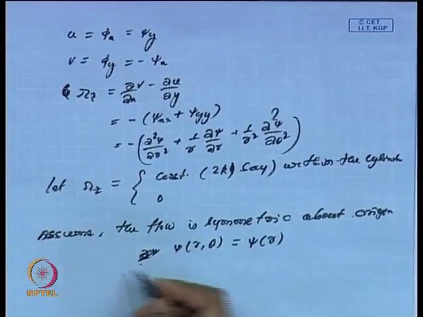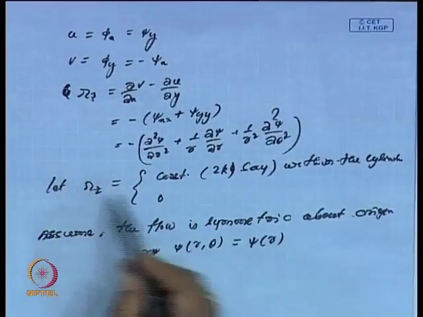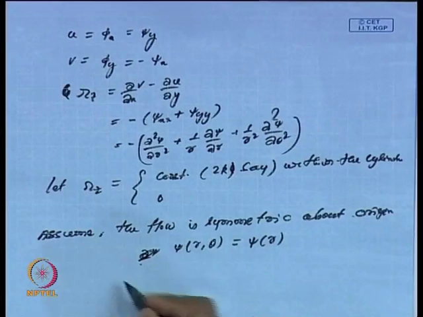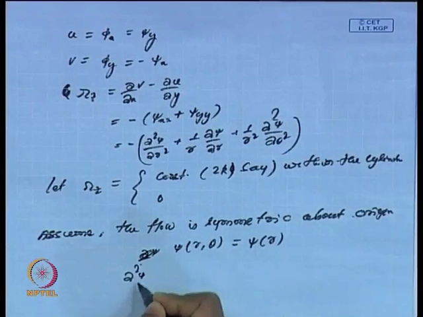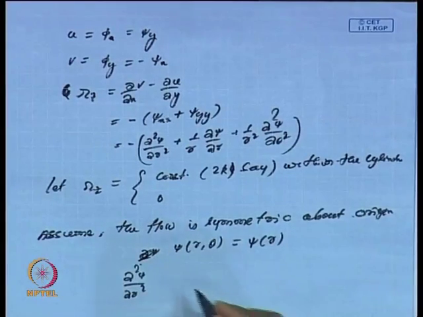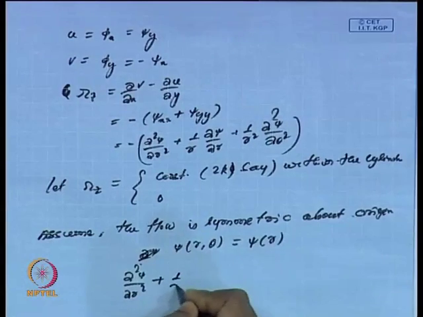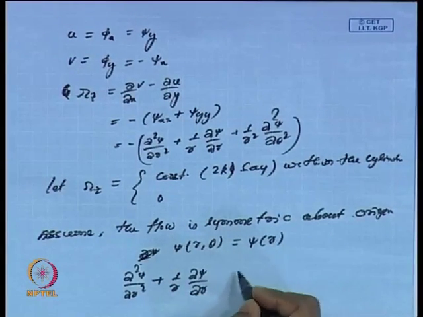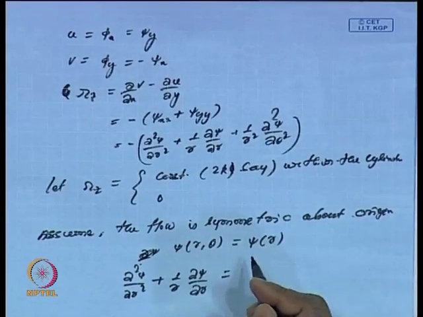So, that means in the process from this equation, omega z will be, if I look at this, del square psi by del r square plus 1 by r del psi by del r, because this part is omega z.